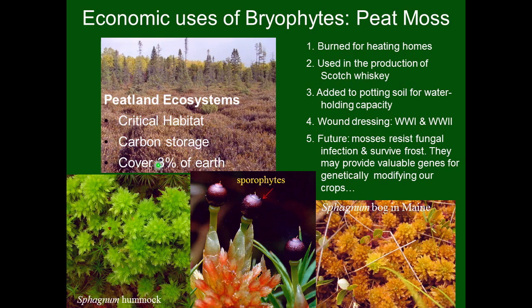A lot of fish survive around it, a lot of insects, a lot of caribou spend a lot of time around peat. It's a big sink for carbon storage, so these guys can take CO2 from the air and sequester it. And it covers 3% of the Earth, especially around the Antarctic and Arctic circles.